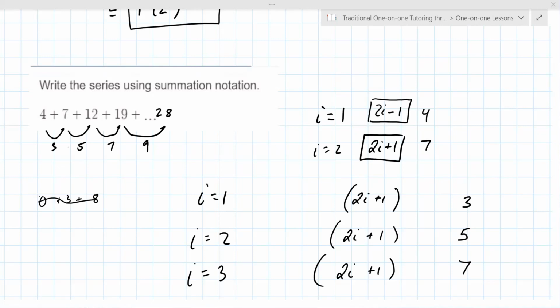The first one said it doesn't support this type. Let's try this one. It's not supported. Okay. 2i plus 1, but we've got to add it to something. Yeah, this is kind of like that last problem.